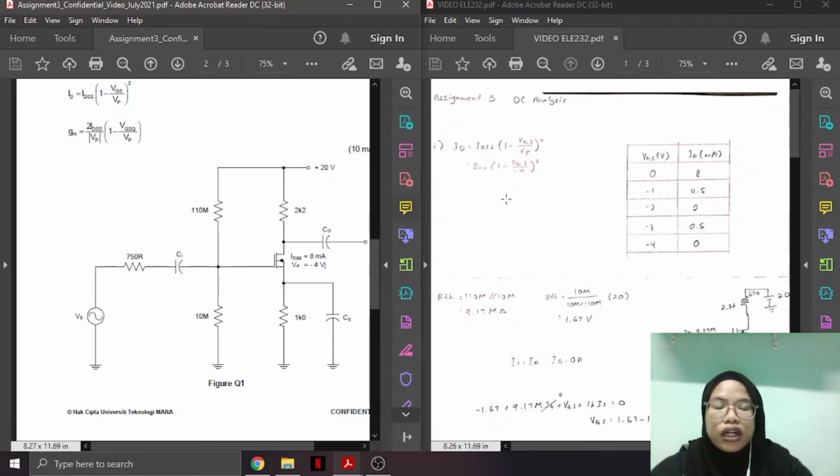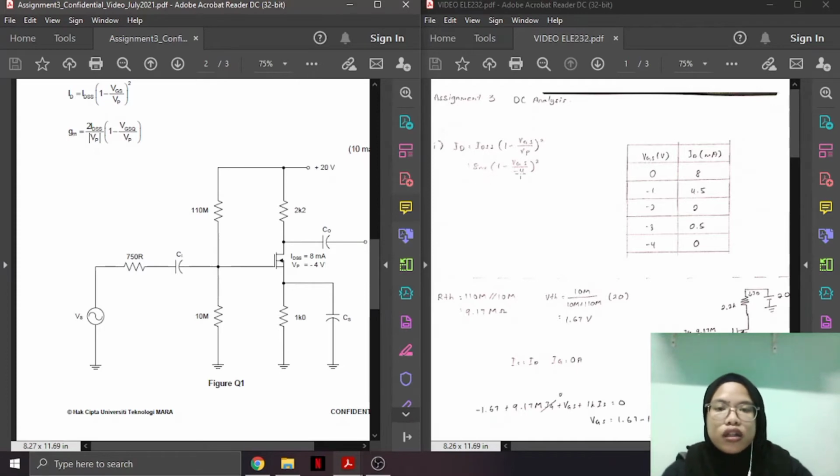First thing first, I need to find the value for ID. So I use the formula that is given, IDSS times (1 minus VGS over VP) power of 2. So we get 8 milli times (1 minus VGS over negative 4) power of 2.